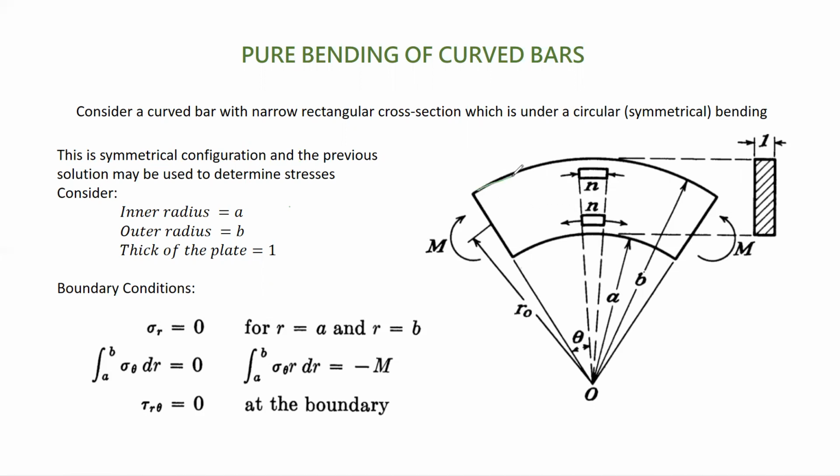On the upper surface and the bottom surface, there is no stress. So if I look onto an element here or element here, sigma r should be equal to 0 on these surfaces.